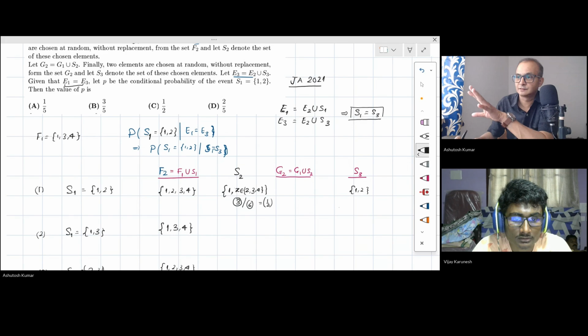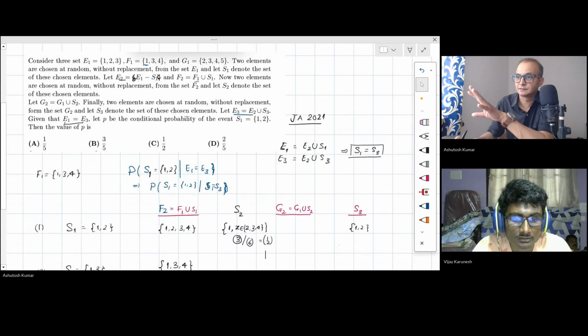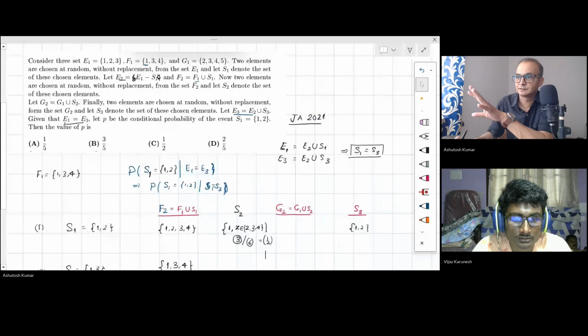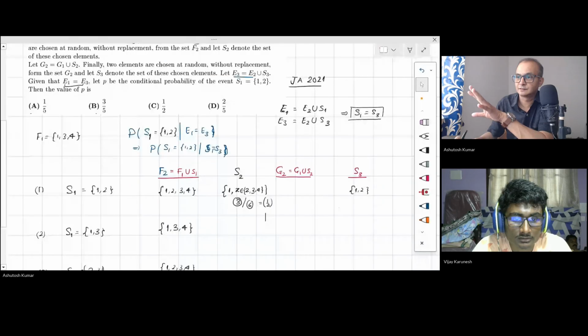When you are taking the combination of G1 union S2, whatever S2 comes, let's say {1, 2} is coming, and you are combining with {2, 3, 4, 5}, what you get for G2 is 1 2 3 4 5. If you take {1, 3}, regardless of whichever X we choose, it will always be exactly {1, 2, 3, 4, 5}.